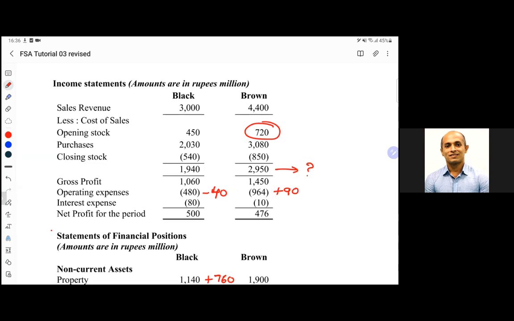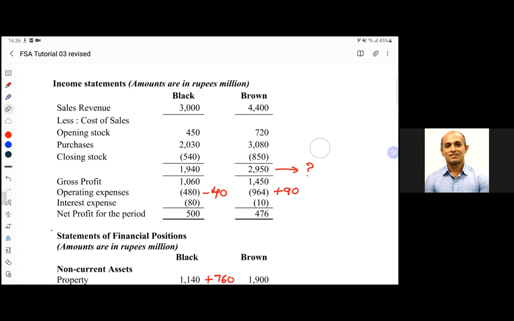You see prices increased by 10%, so last year's price is 10% lower than the current year's price. Now you have to adjust that price change.